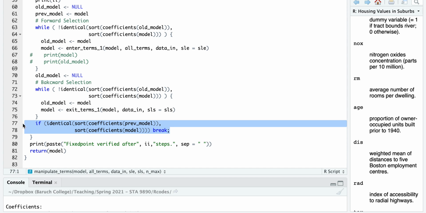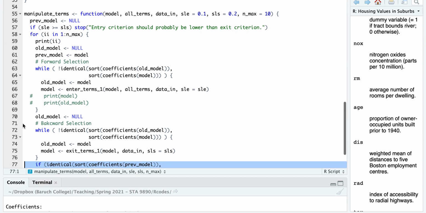Okay. So this is a very high level view of forward backward selection coding.